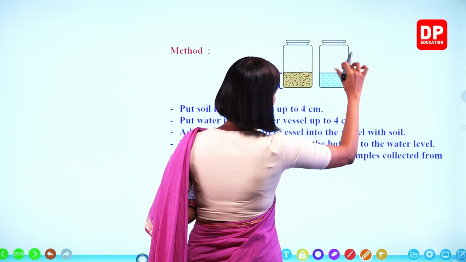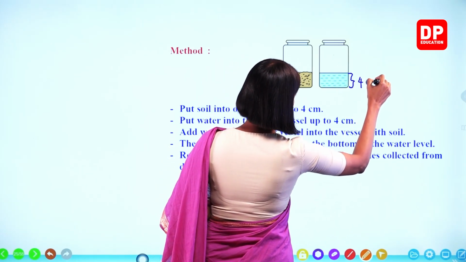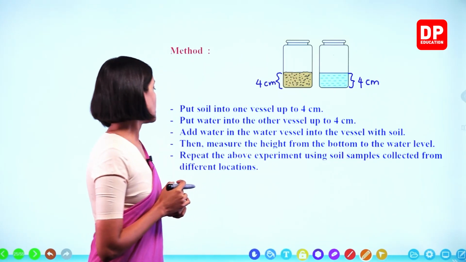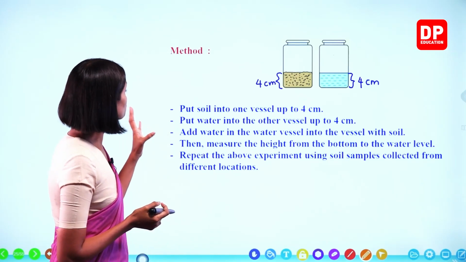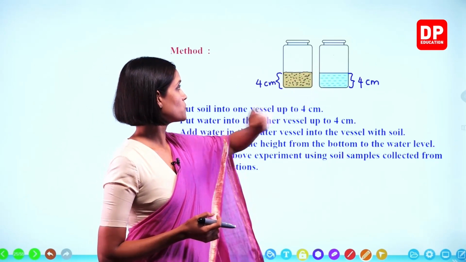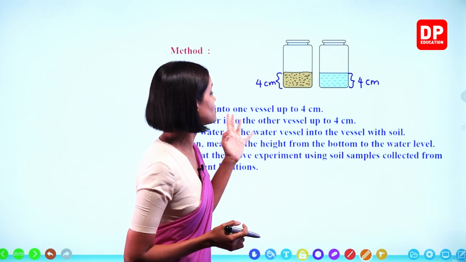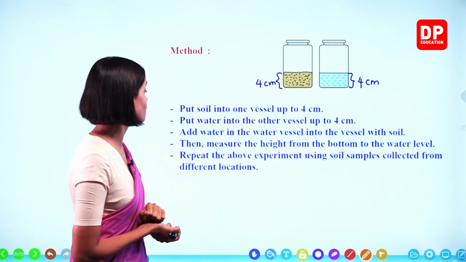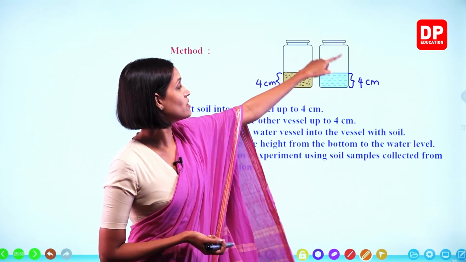This time the height of the water in the jar also should be 4 centimeters. Put soil into one vessel up to 4 centimeters. Put water into the other vessel up to 4 centimeters. Now what you have to do is add the water from the water vessel into the vessel with soil.